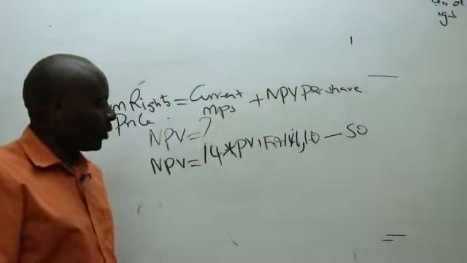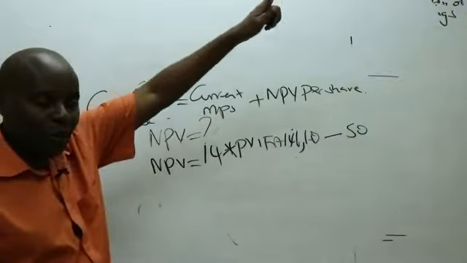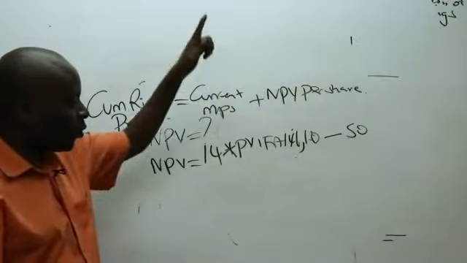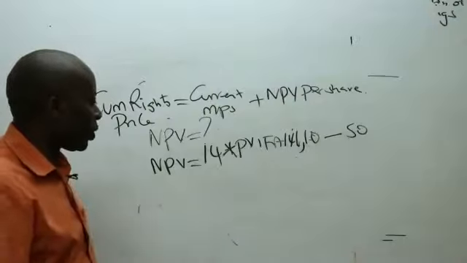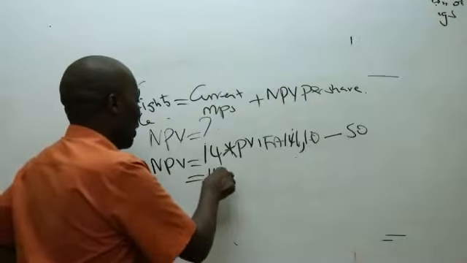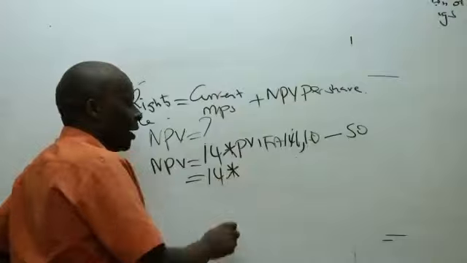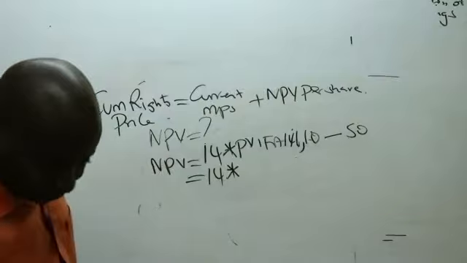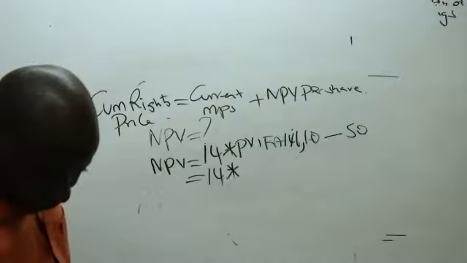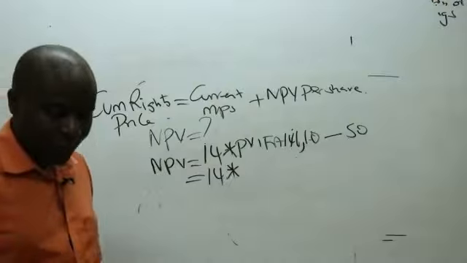So go to my annuity table, go to the column written 14%. 14%, 10 years. If I do that, I will be able to get my PVFA. PVFA is the present value interest factor of an annuity.